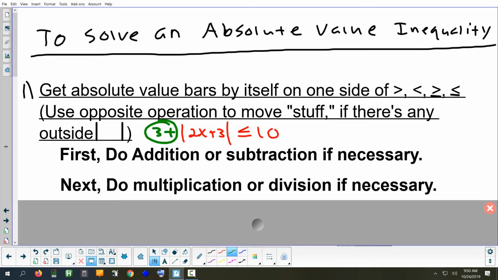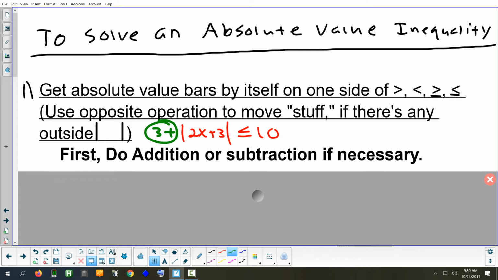The way you get rid of it is you do the opposite operation. In this problem, if you need to do any addition or subtraction, there's a plus 3, so the first step would be minus 3, minus 3.